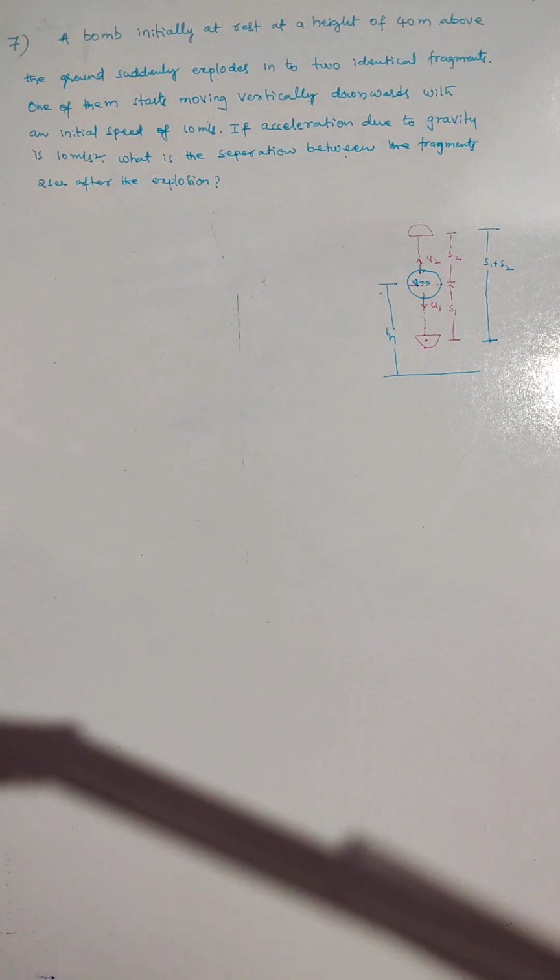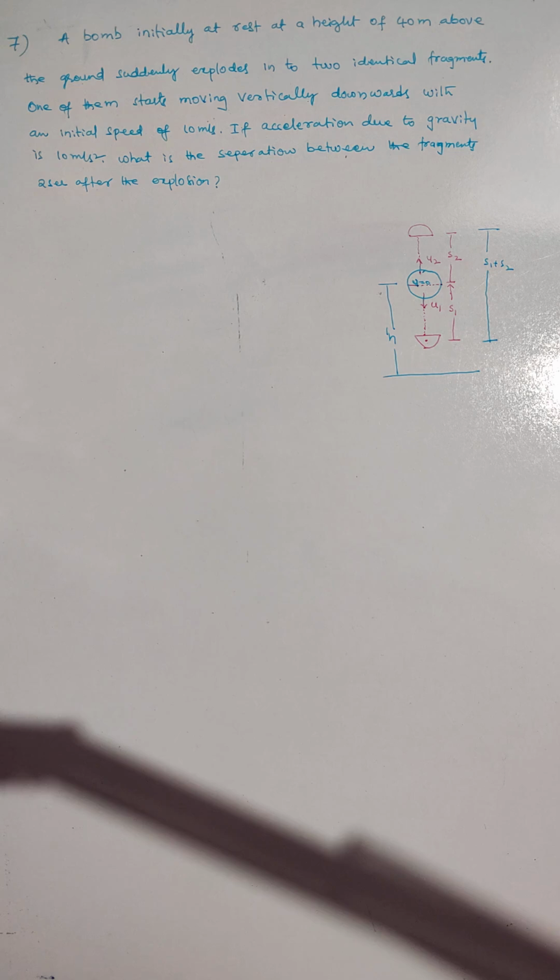Seventh question. A bomb initially at rest at a height of 40 meters above the ground suddenly explodes into two identical fragments. One of them starts moving vertically downwards with an initial speed of 10 meters per second.